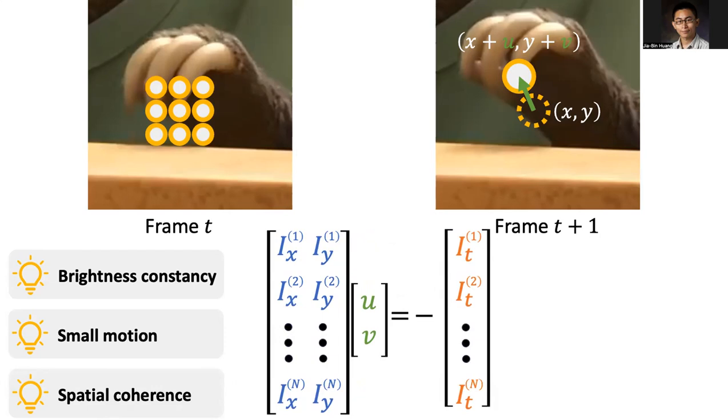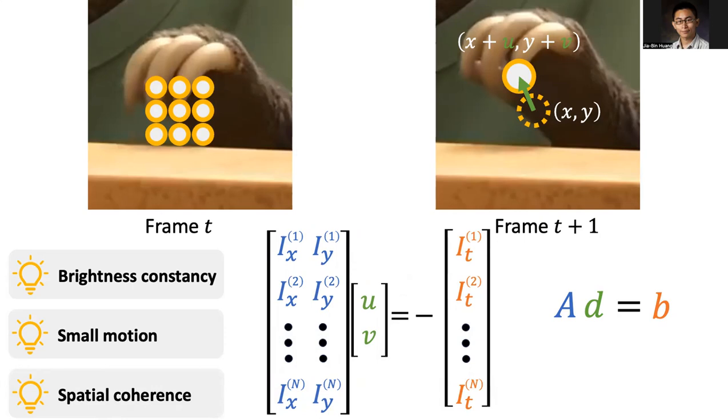The matrix has n rows, in this case 9, so it's a 9 by 2 matrix, u and v is 2 by 1, and the right-hand side is 9 by 1. So now you have Ax equals b.